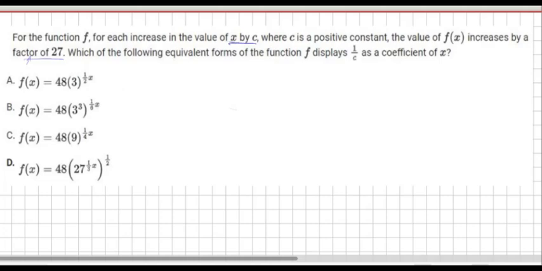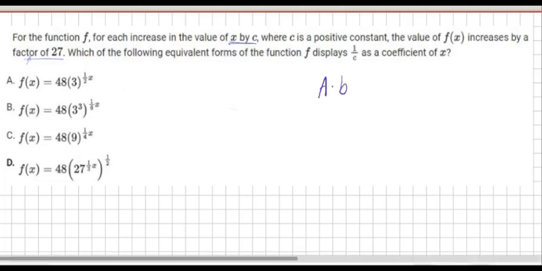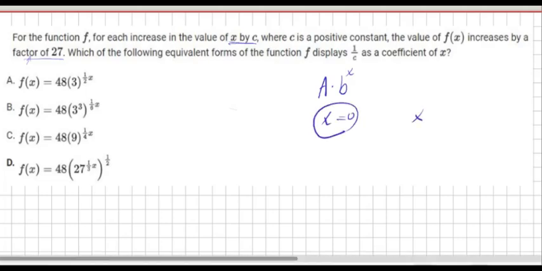So when I say increasing something and the function increases by a factor of another number, this means that, for example, if we have a times b to the power of x, how can we know that it increases by something? You can replace x first with 0 and then with 1, and see the difference.